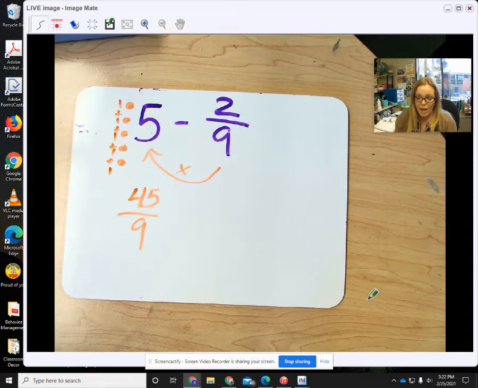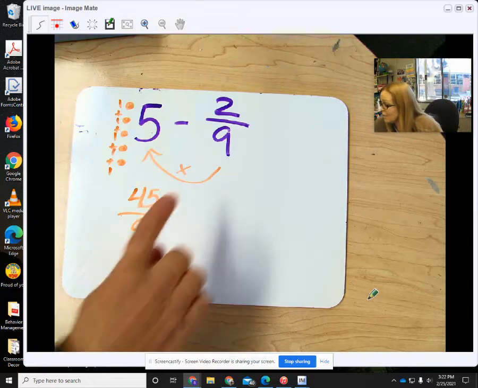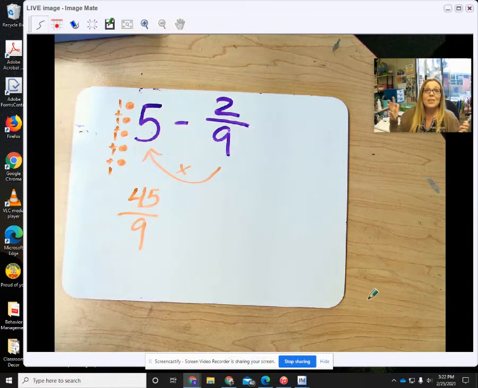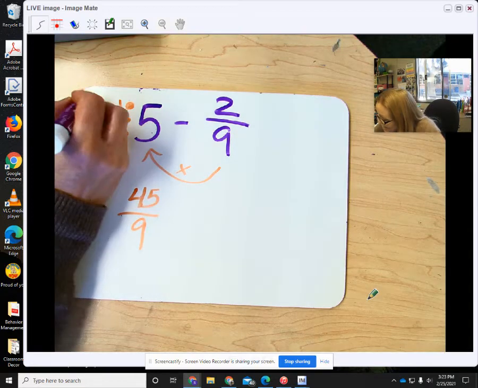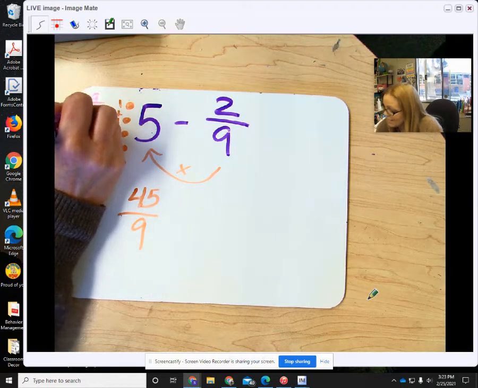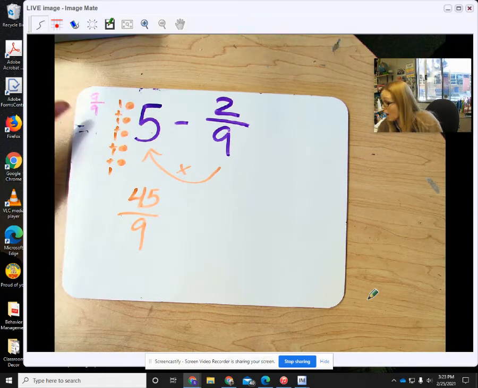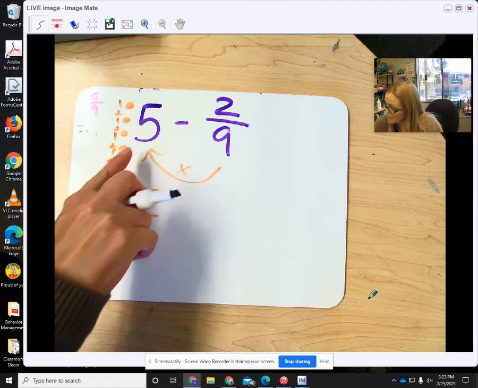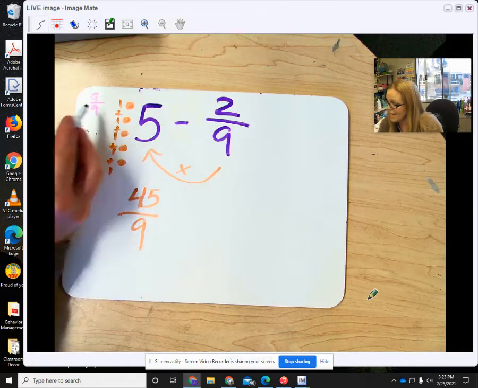Now, what is one way to write 1 whole if I'm dealing with the fractional units of ninths? Easy! You guys know how to do that. Isn't 9 ninths the same as 1 whole? Yeah. So to represent that 5, I could write that as 9 ninths.